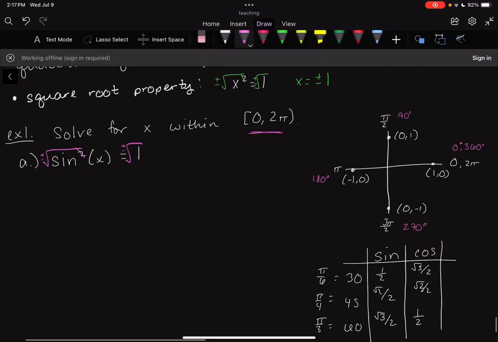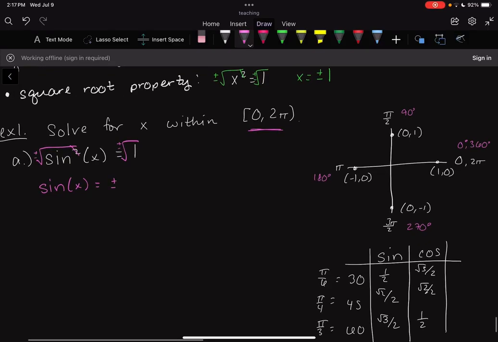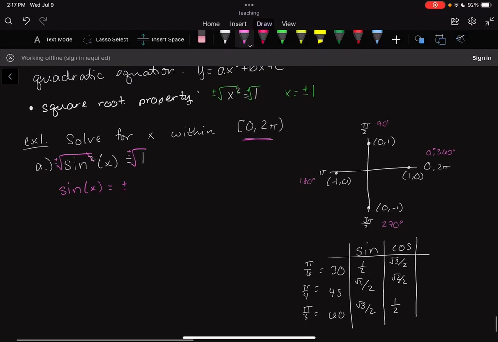So this will become sine x is equal to plus or minus the square root of 1, which is just 1. Now I can separate this into two different equations. I have sine x equaling negative 1, and then I also have sine x equaling positive 1.